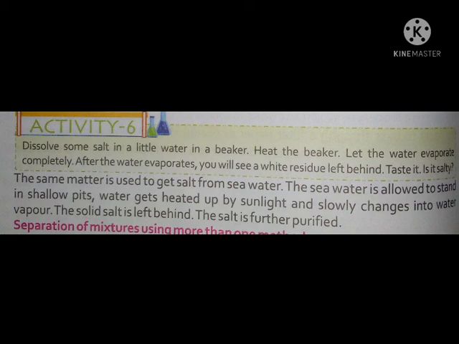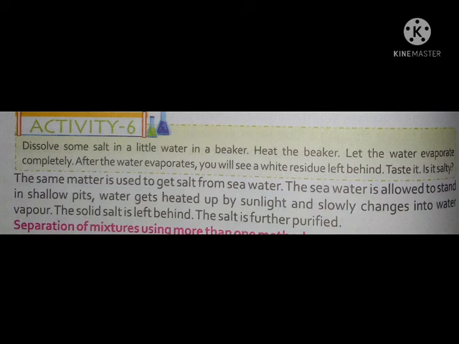The seawater is allowed to stand in shallow pits. Water gets heated up by sunlight and slowly changes into water vapor. So we get salt from seawater. Shallow pits means salt pans within which seawater is left.